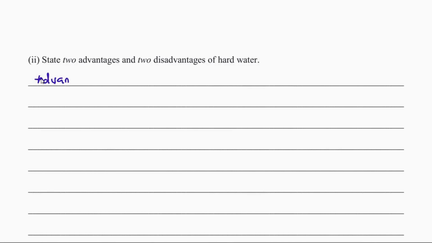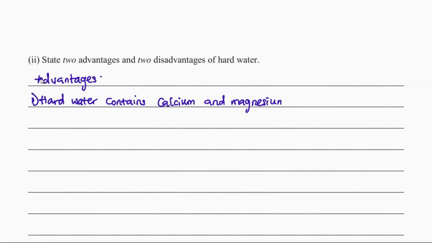Then the next question says, state two advantages and two disadvantages of hard water. So advantages. One advantage of hard water, hard water contains calcium and magnesium, okay, which are good for the bones.